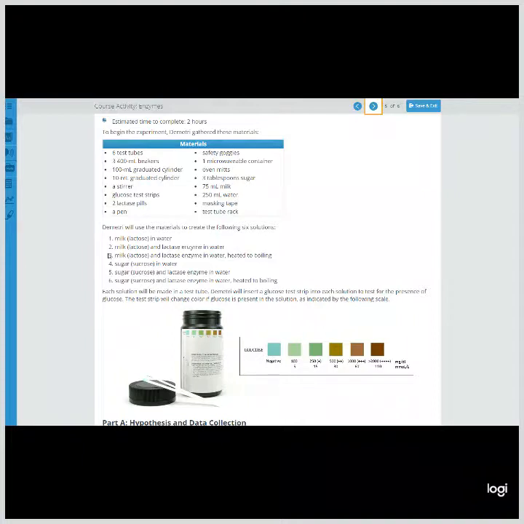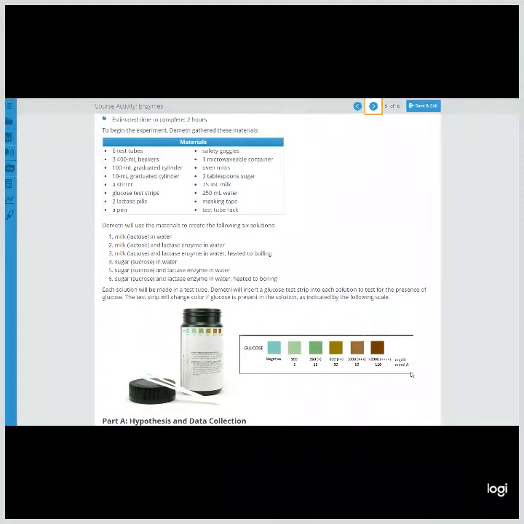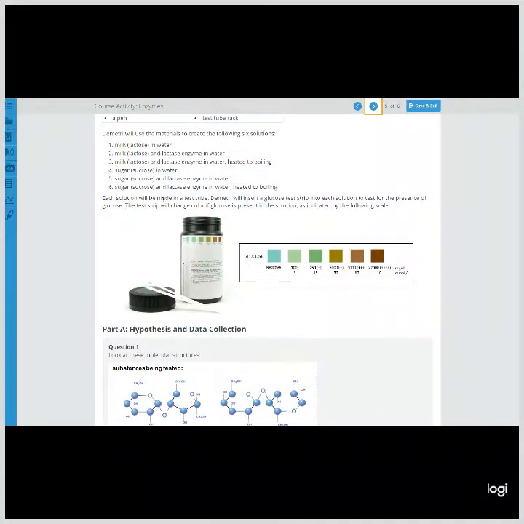In test tube 4, you're testing sugar and water. Test tube 5 is sugar and lactase enzyme in water. Test tube 6 is sugar and lactase enzyme in water, but the water has been heated to boiling.